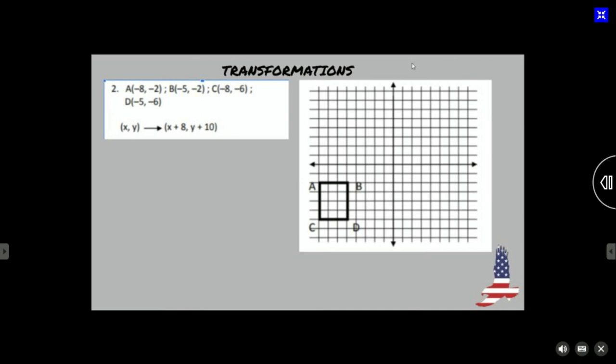A prime: -8 plus 8, -8 plus 8. -2 plus 10, -2 plus 10. 0, 1, 2, 3, 4, 5, 6, 7, 8 prime.